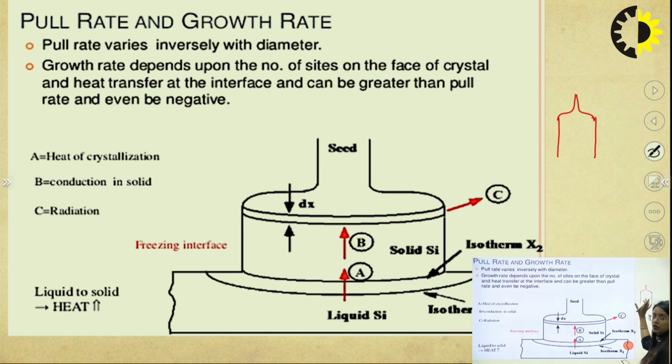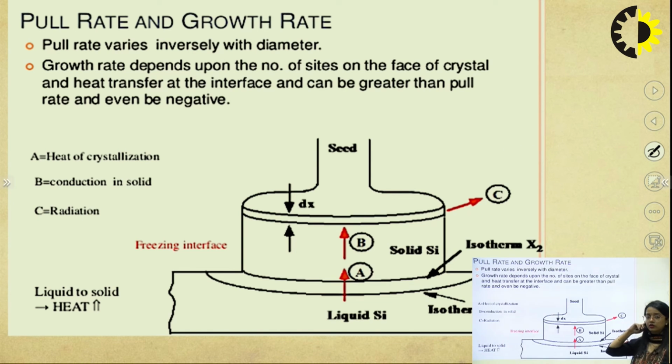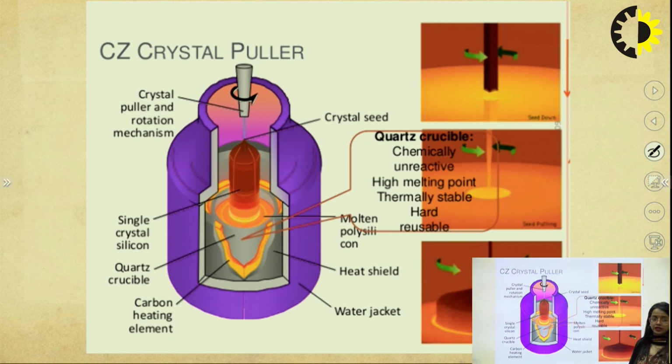When we started pulling fast, the diameter reduces. So here we can see that the diameter is reducing sometimes. This is how pull rate varies the diameter. Growth rate depends on the number of sites for the phase of crystal and heat transfer at the interface, and it can be greater than pull rate and even can be negative.